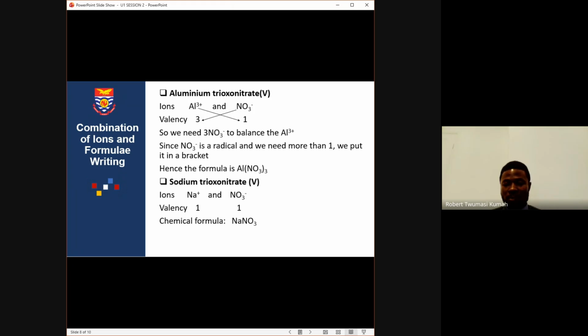Sorry, ammonium sulfate. So let's write for ammonium sulfate, and then aluminium oxide. So let's do the two: ammonium sulfate and aluminium oxide.